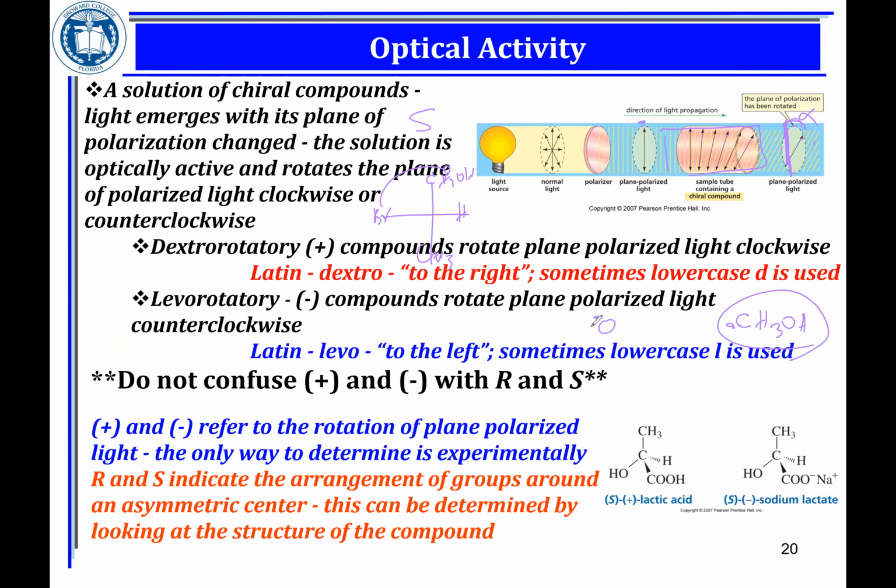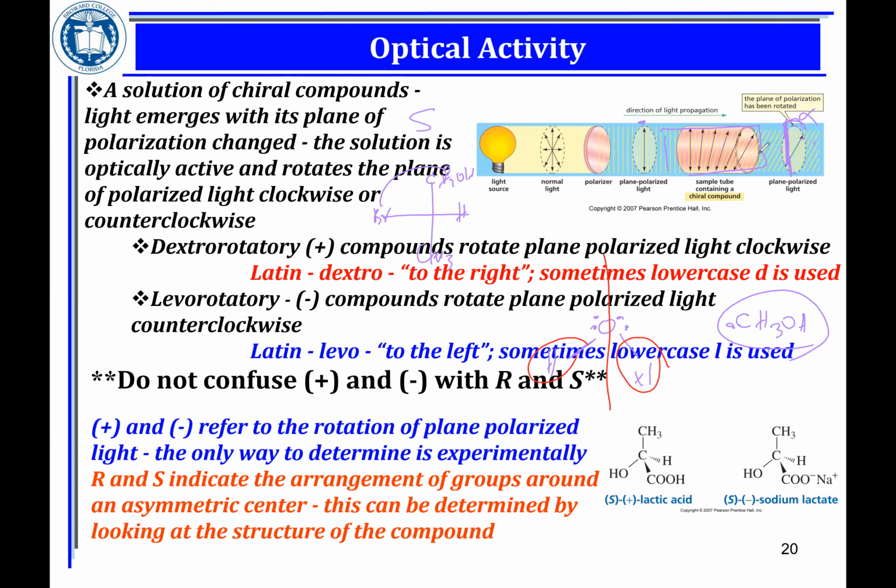Is water chiral? No. Would water rotate the light? Water is not chiral, it is achiral, because there's a plane of symmetry, or you could say two of the groups attached are identical, so it's not a chiral compound. So if you have methanol or water, it is not going to rotate the light.